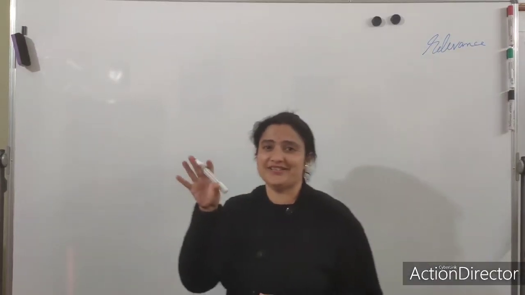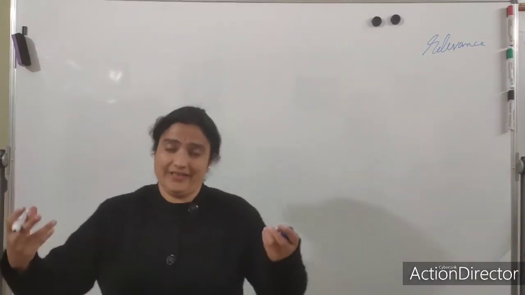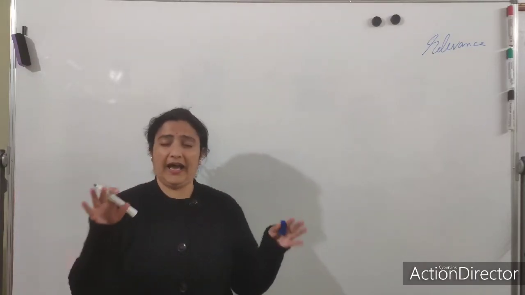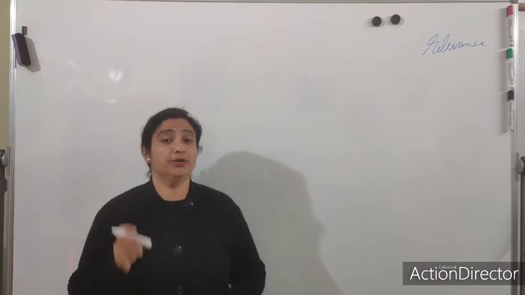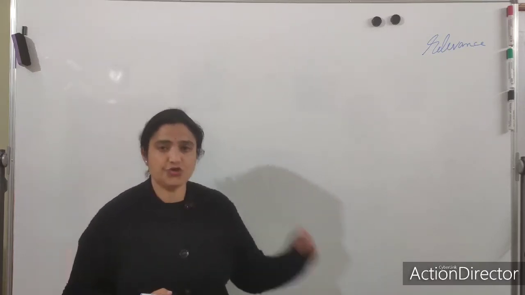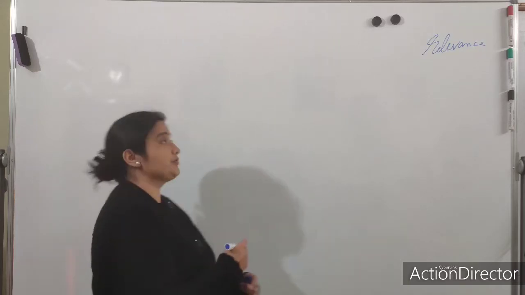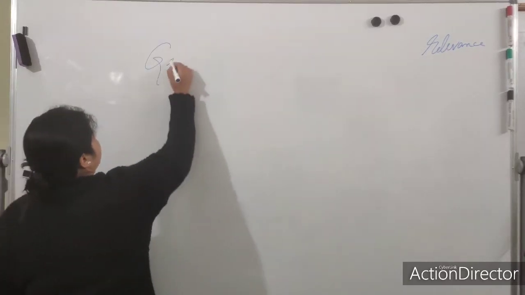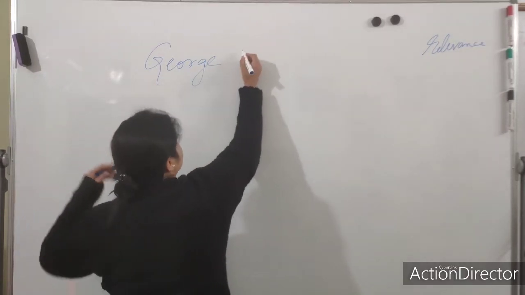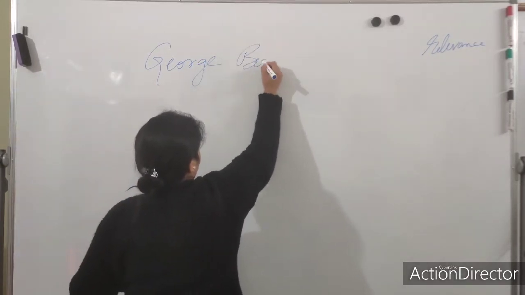That is what makes a playwright great. Therein lies his greatness, that nobody has been able to match up to his genius. So after William Shakespeare, it is George Bernard Shaw who is known as one of the greatest dramatists as far as English drama is concerned.